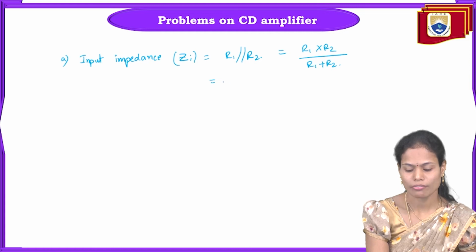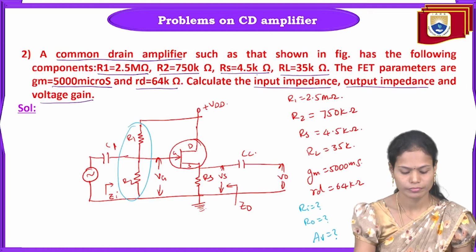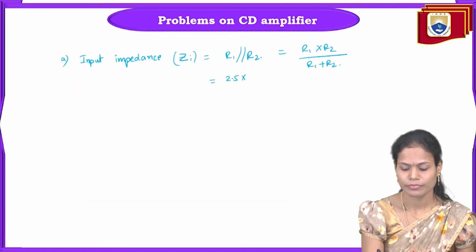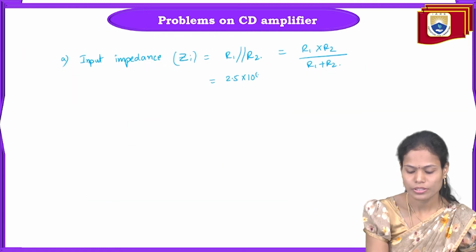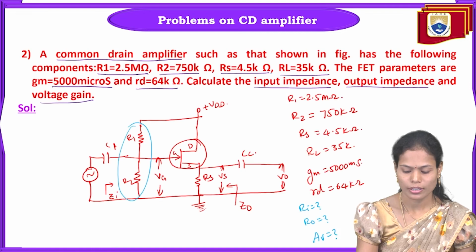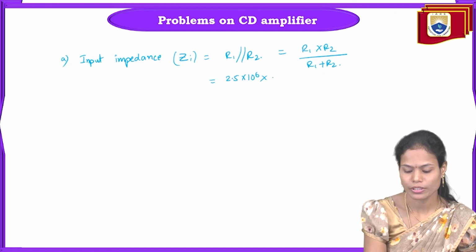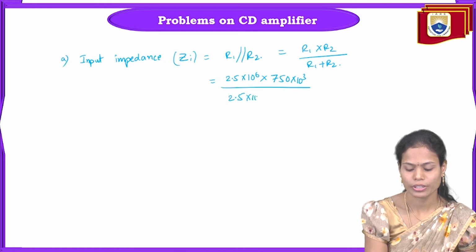R1 is 2.5 into 10 power 6, and R2 is 750 into 10 power 3, divided by 2.5 into 10 power 6 plus 750 into 10 power 3.